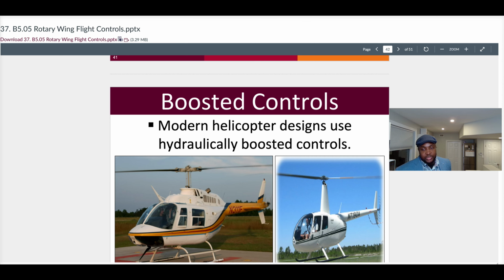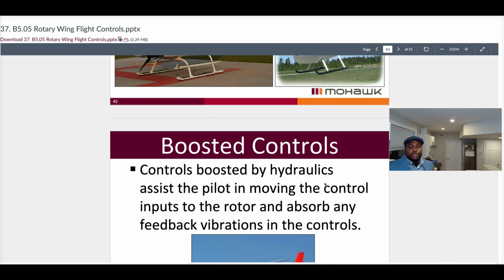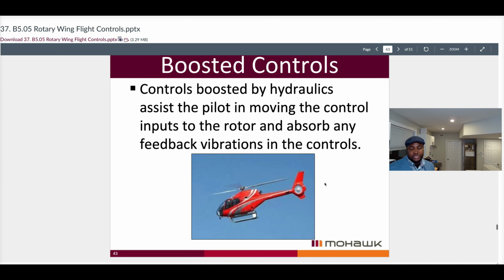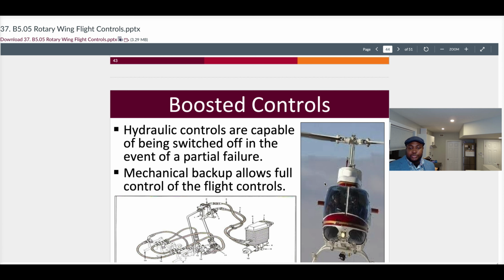So we use hydraulically boosted controls. Control boost by hydraulics assists the pilot in moving the control inputs to the rotor and absorbs feedback vibration in the controls. Hydraulic controls are capable of being switched off in the event of partial failure. Mechanical backup allows for full control of the flight controls.